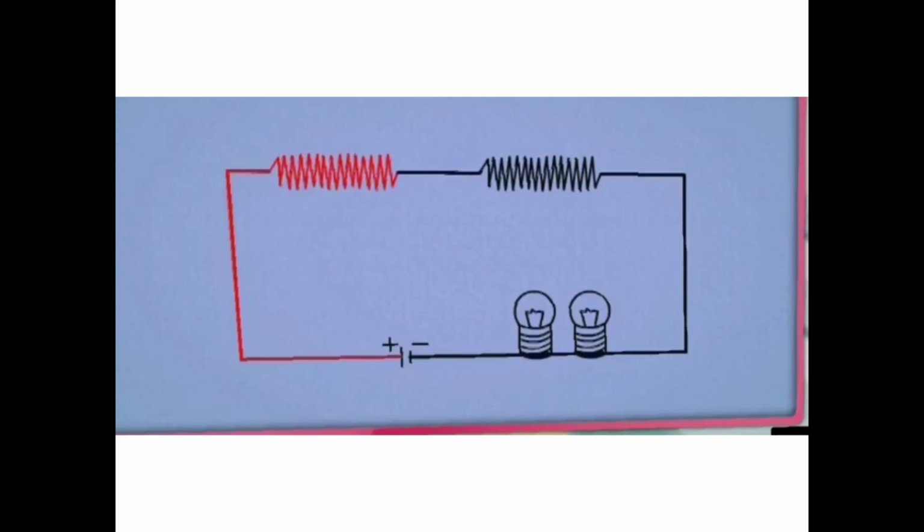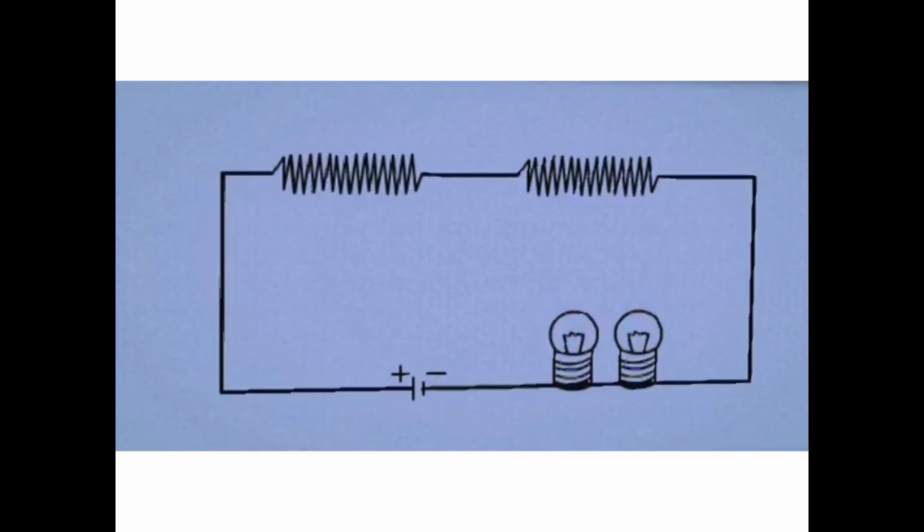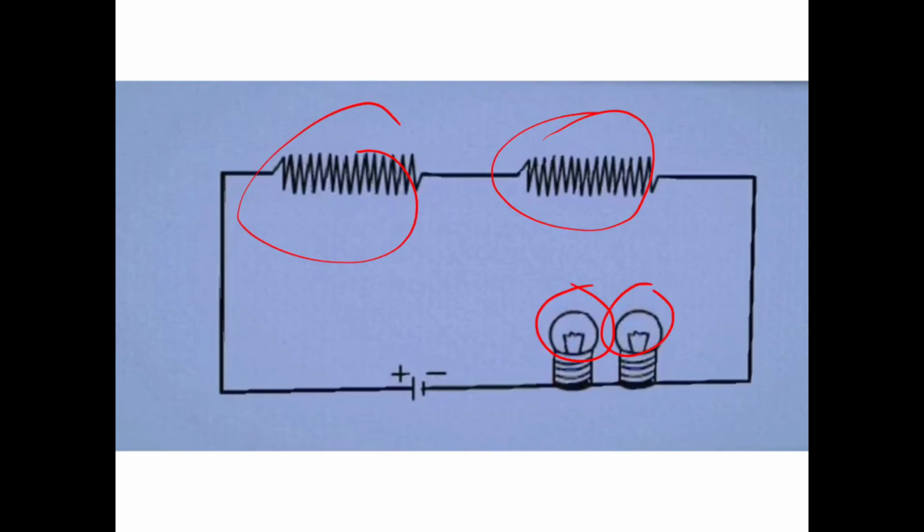So let us have the understanding. See, I am having the resistance and I am having the bulb. There are two bulbs which are kept, and let the current pass through it. When I am having one resistance, I am going to see the effect. When I keep both the resistances, I am going to see the effect. See what happens is, when the resistance is increased, the current flowing through here decreases, and the light will become very dim.